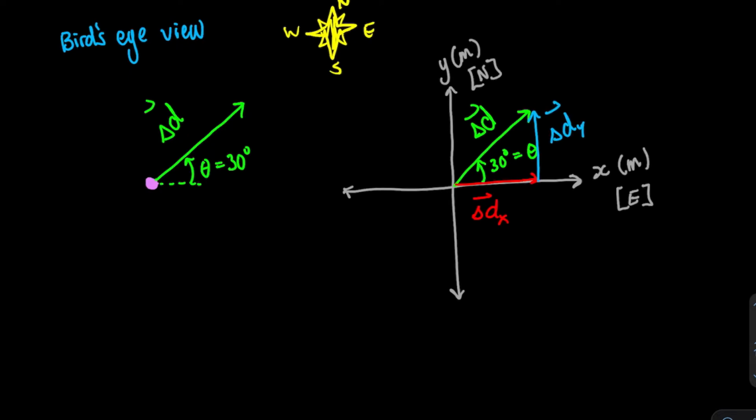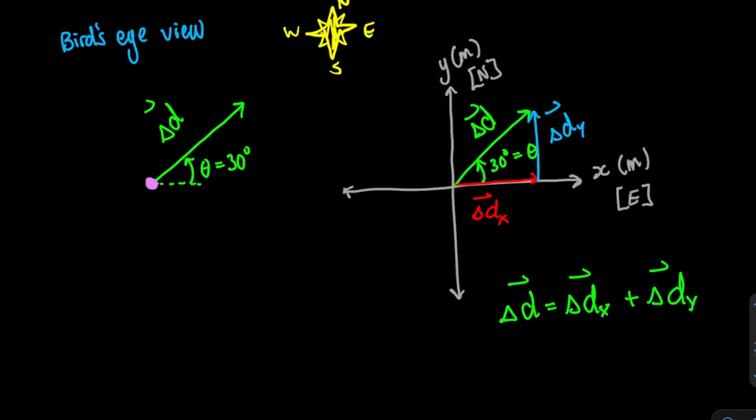And notice that these two are connected head to tail, which suggests that when you add them together, they give you back the displacement vector. And that's the whole reason why we use components. So we have the displacement vector, but we can think of it as the sum of its 2 component vectors, because the component vectors are going to be easier to deal with in other word problems, which we're going to see in this video as well.